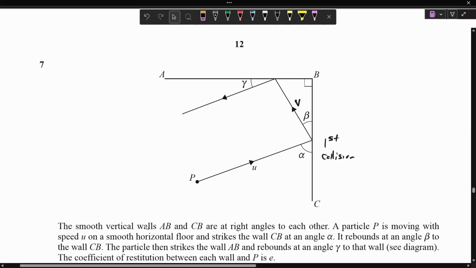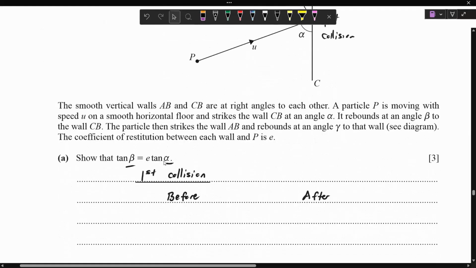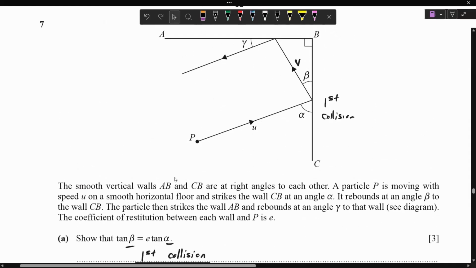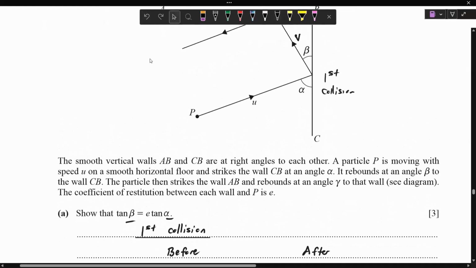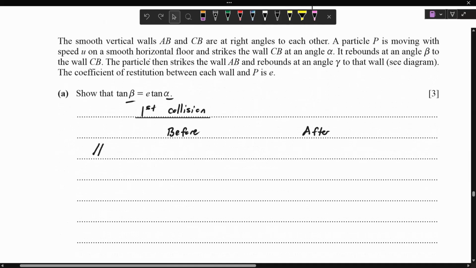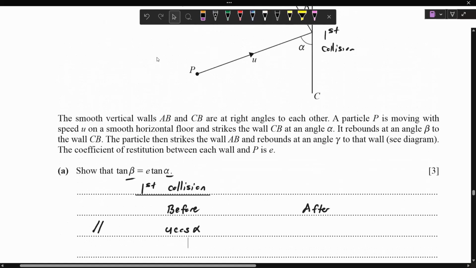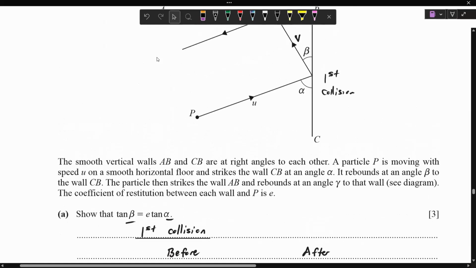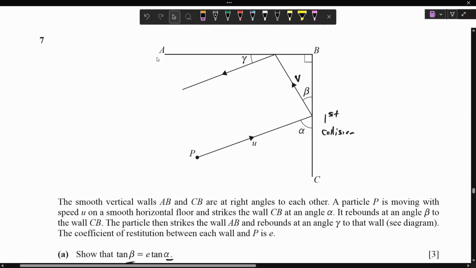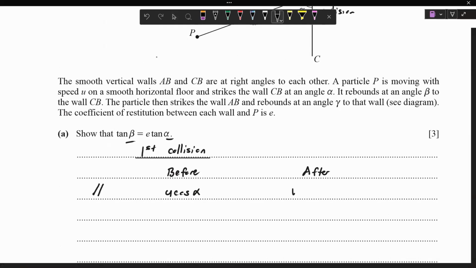All right. So technically, we're saying before collision, if we look at components that are parallel to the wall, for u, that component will be u cos alpha. And after collision, it will be v cos beta.